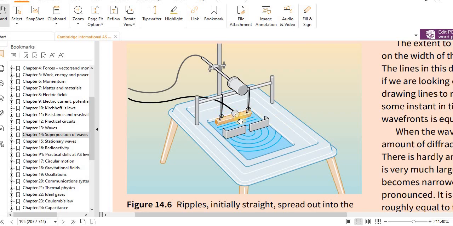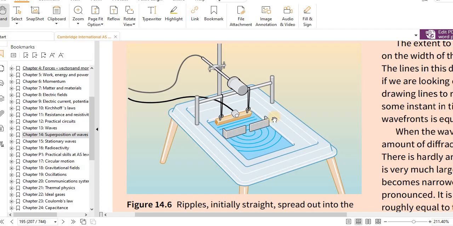So this will vibrate up and down, we can say. So that will produce water waves which are plane waves, meaning they have parallel wave fronts. At a constant rate this will produce that. So they have a constant wavelength, constant speed, frequency, we can say.